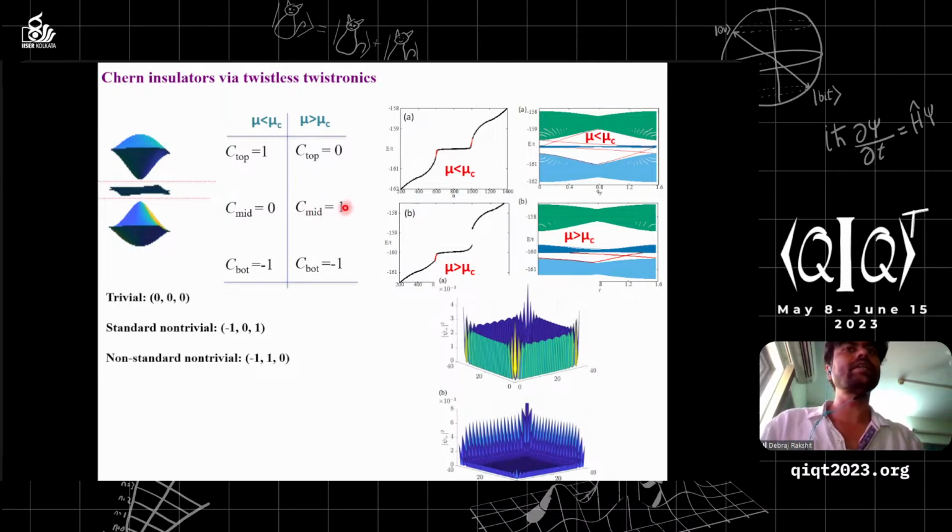So we have created a flat band which has non-trivial topology. Trivial means all the Chern numbers are zero. Standard non-trivial is when we have -1, +1, and 0. Non-standard non-trivial is something like when you have -1, 1. So these two numbers get switched when you cross.